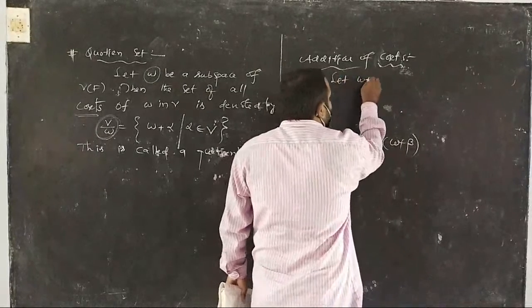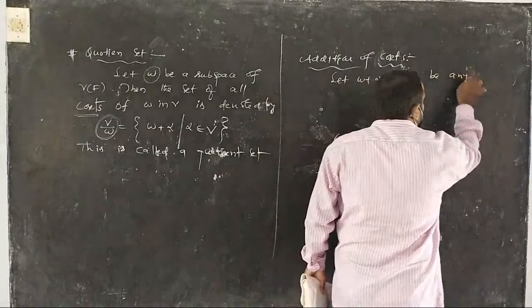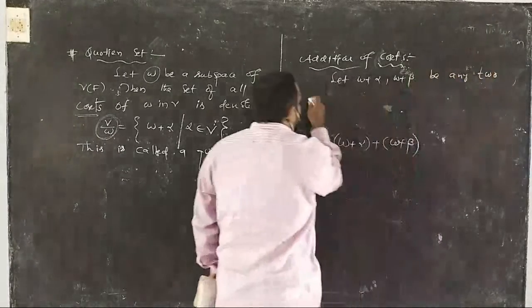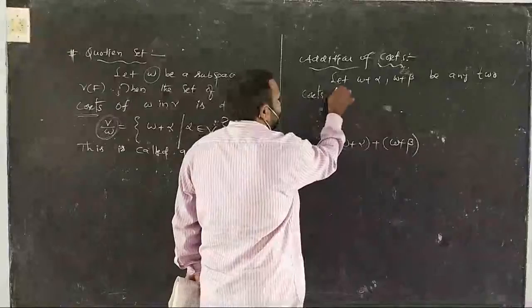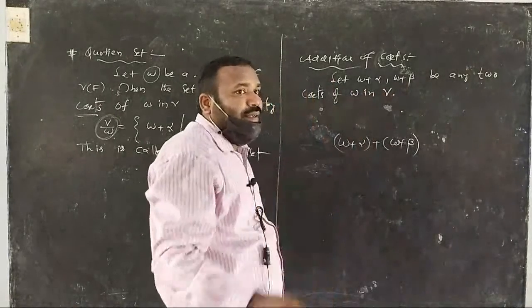Let W plus alpha, W plus beta be any two cosets of W in V. W is a subspace, V is a vector space.